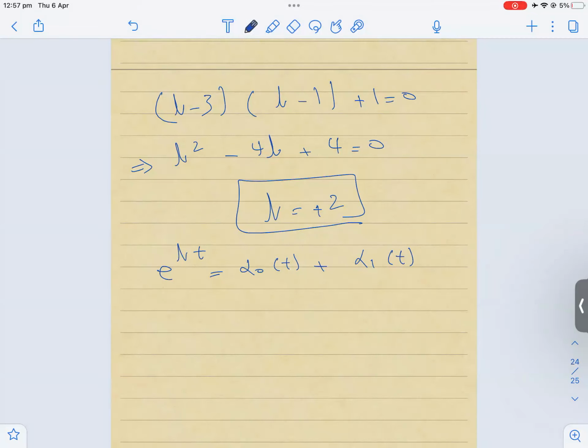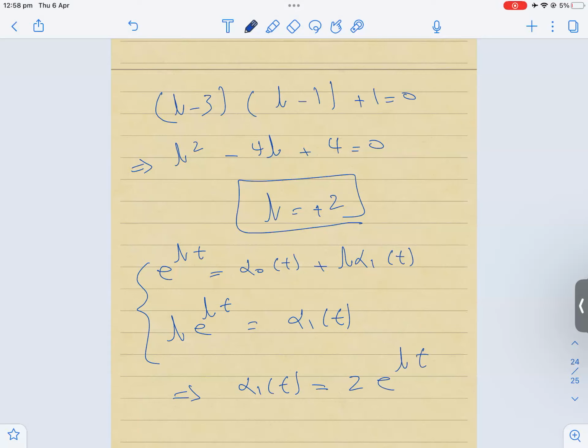How can I obtain the second equation? In the repeated cases, the only option is this guy. Alpha 1 t will be 2 times e to the lambda t.